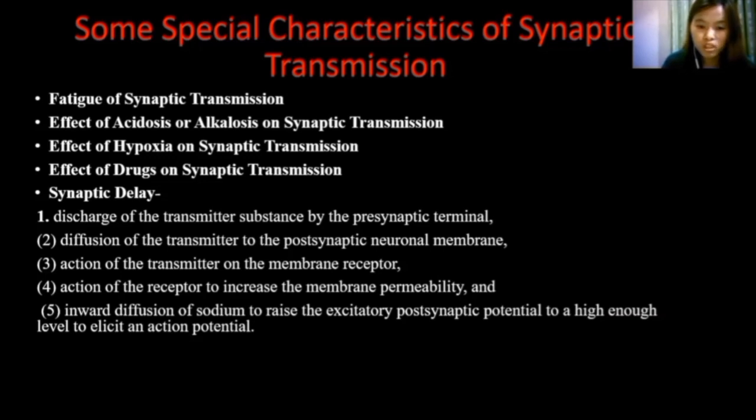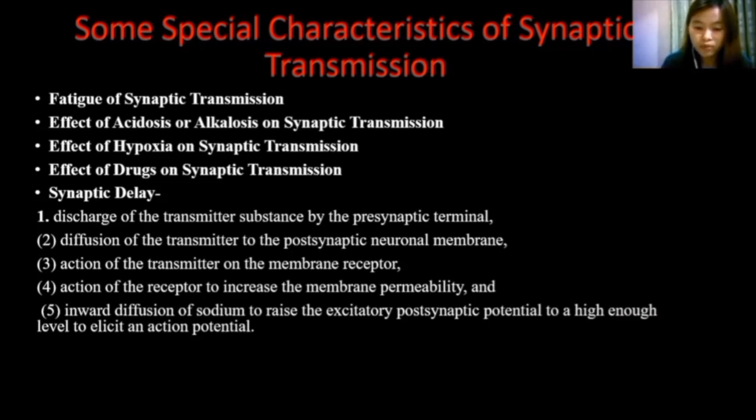Next is the effect of hypoxia on synaptic transmission. Oxygen is really important for neuronal excitability. For example, when a person's brain blood flow is interrupted, this can cause fainting or collapsing of the patient.